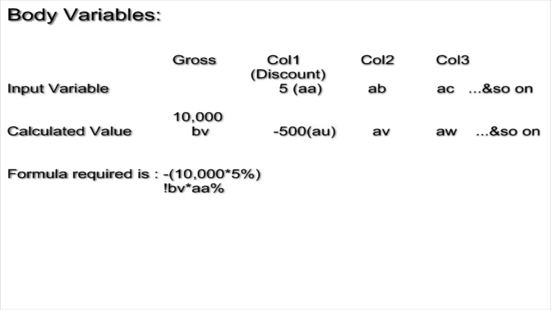So here in this example, discount 5%, 5 is stored internally in AA. While after calculation, that is on 10,000, 5% comes to 500 rupees, 500 is stored in AU. That is the calculated value variable for the first column. So in place of the formula, we have to define gross into discount percentage, 10,000 into 5%.